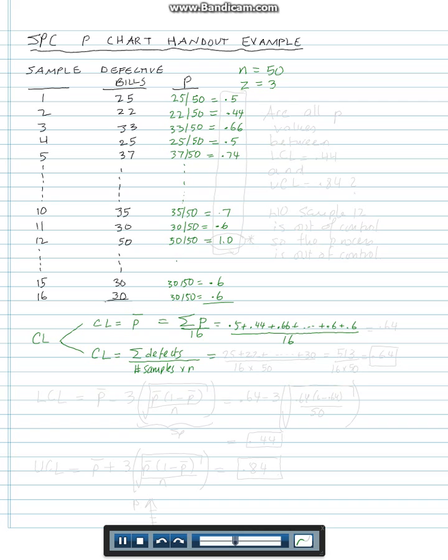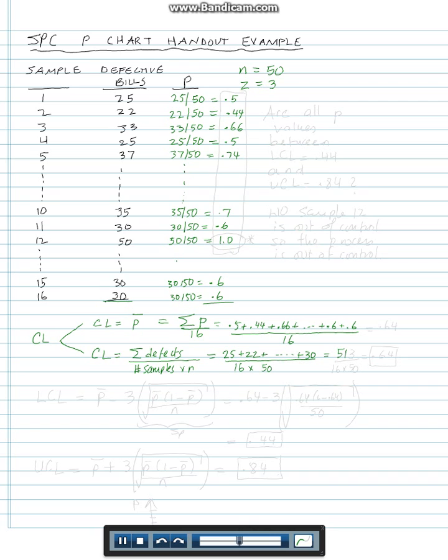That will be easier to calculate if we add up how many defects there are. So we sum up the number of defects: 25 plus 22 plus 33 all the way down. It's easier to add whole digits than to add decimals, and so divided by 16 multiplied by 50.